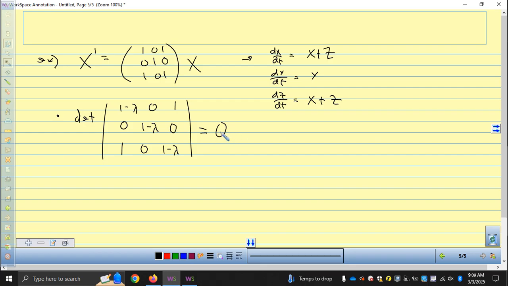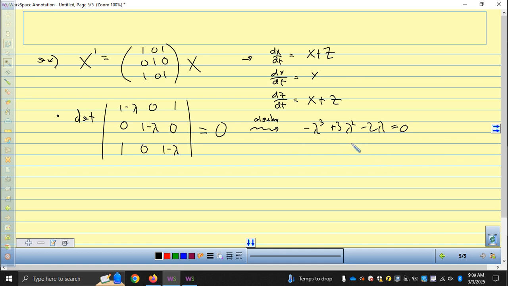When I multiply this out and simplify a little bit, we end up with negative lambda cubed plus 3 lambda squared minus 2 lambda equals 0.